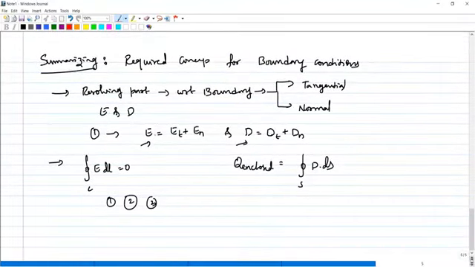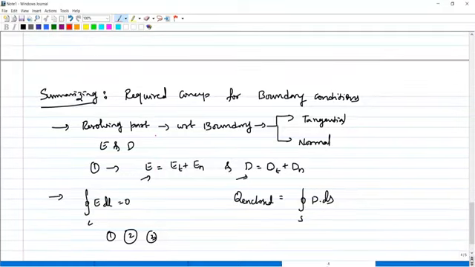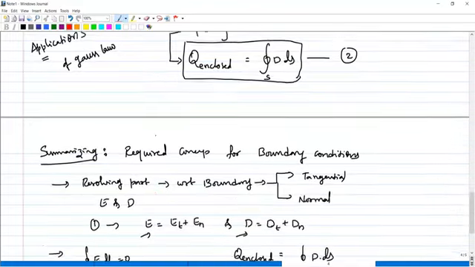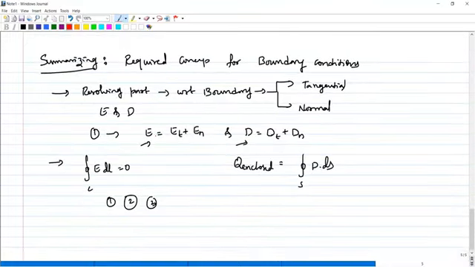In your examination, you don't need to write all these things, but you have to write a few points, whatever summary I have written here. You have to write that summary before going into the boundary conditions of dielectric.